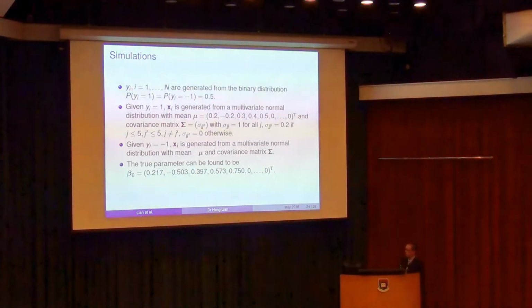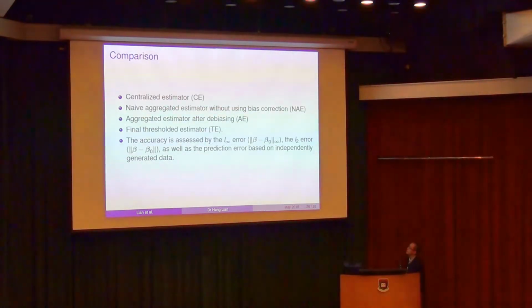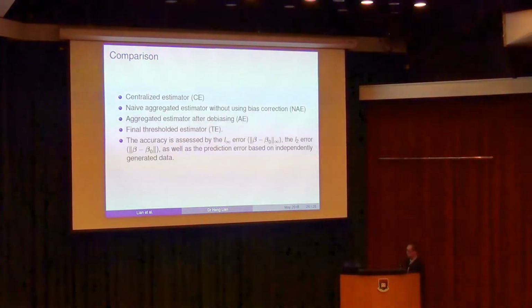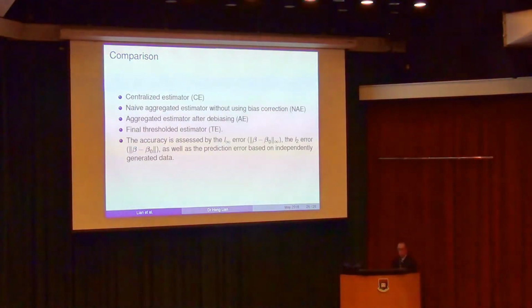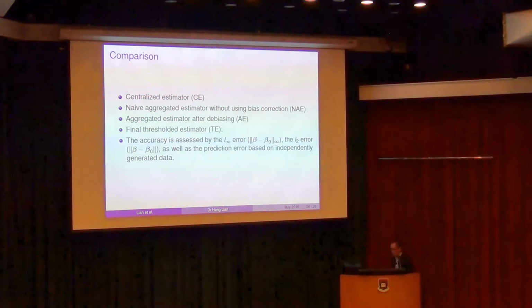Okay, so let's look at some simulations to see whether this procedure works. We have several procedures. One is the central estimator. It's just that you use all the data. We don't choose sample size so large. It's just simulation, so we still have sample size that we can manage.